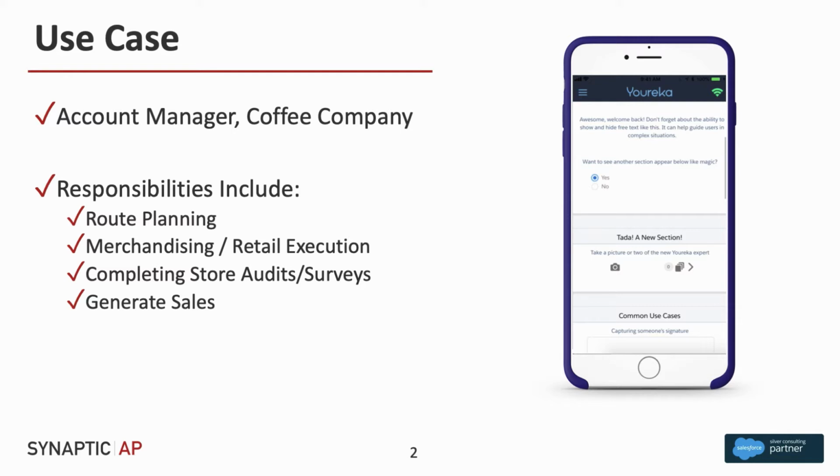And my responsibilities as an account manager include planning a route to my different locations that I'm responsible for going to visit, and doing a variety of different retail and merchandising activities like completing store audits, doing surveys, visiting with store managers, talking about promotional opportunities, generating additional sales. And so it's a big job to do that, and it's tough sometimes to be able to manage all your different accounts and go out and conduct these store visits in an efficient manner. So we're going to show you how we can do that on the platform.